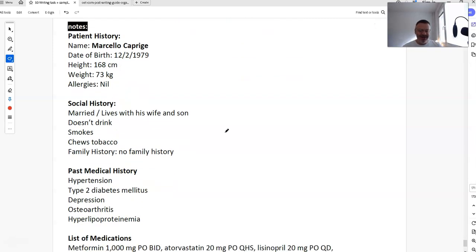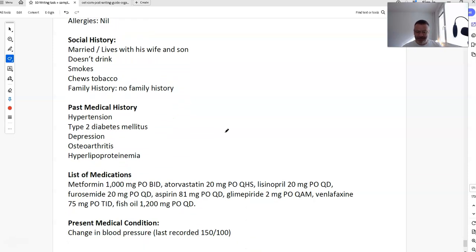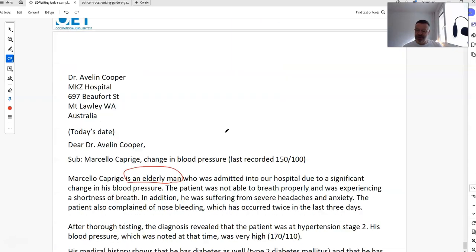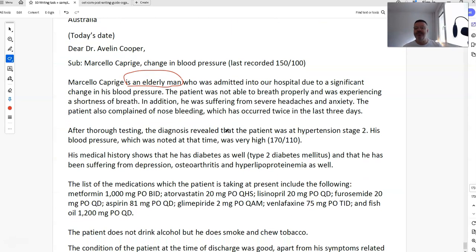So, an elderly man? I don't think so. So anyway, that's incorrect at first. But anyway, so you've got today's date, you've got the greeting, you should have the DOB here. So you put your RE, your DOB.